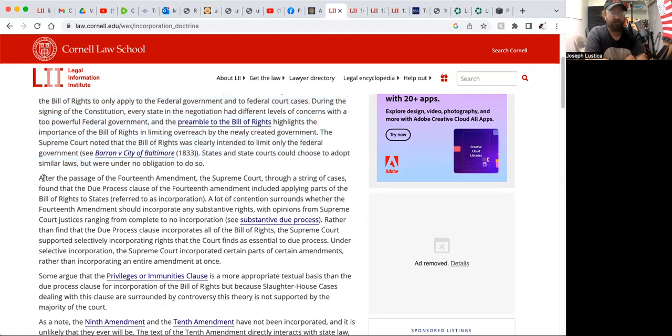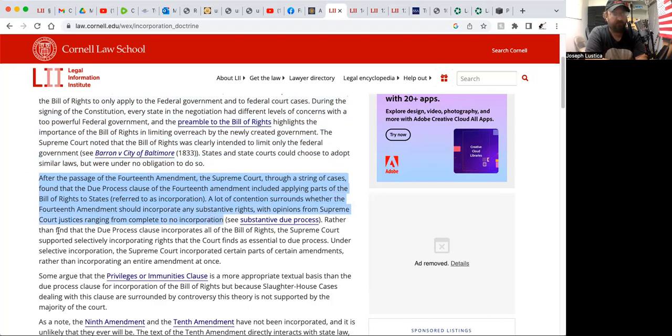All right. After the passage of the 14th Amendment, the Supreme Court, through a string of cases, found that the due process clause of the 14th Amendment included applying parts of the Bill of Rights to states, referred to as incorporation. There was a lot of contention surrounding whether the 14th Amendment should incorporate any substantive rights, with opinions from Supreme Court justices ranging from complete to no incorporation.